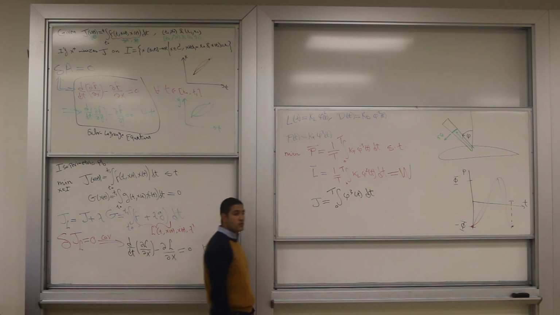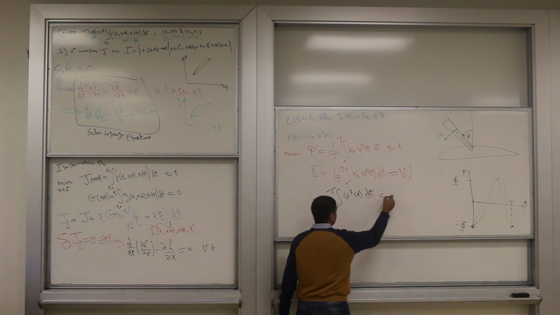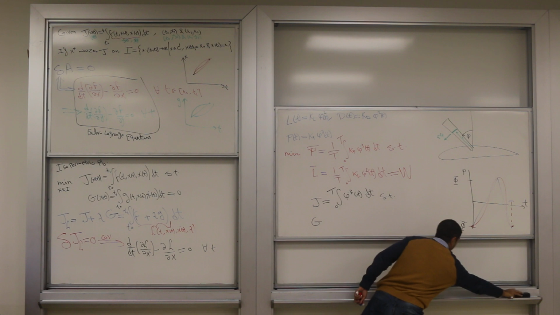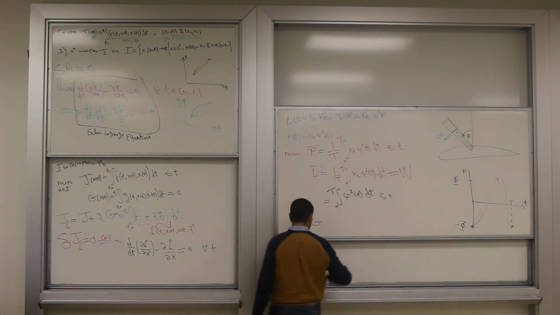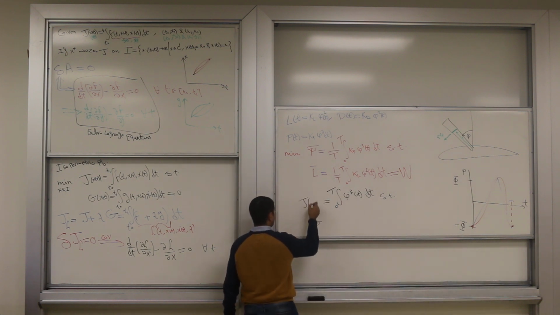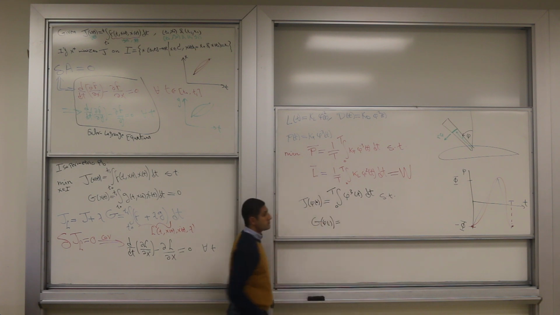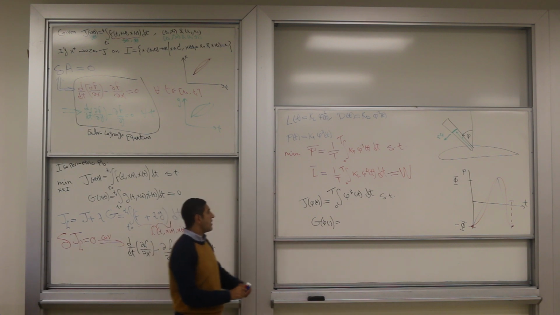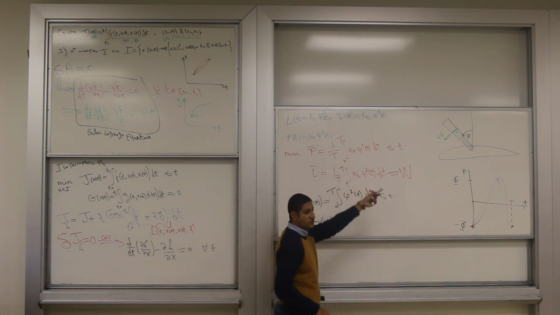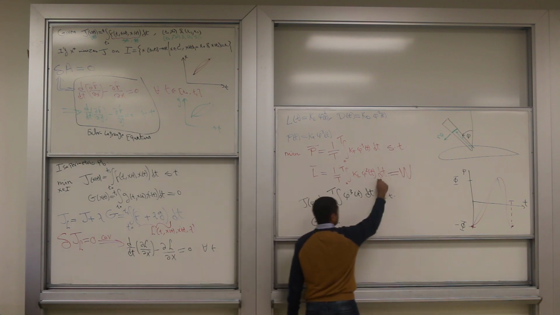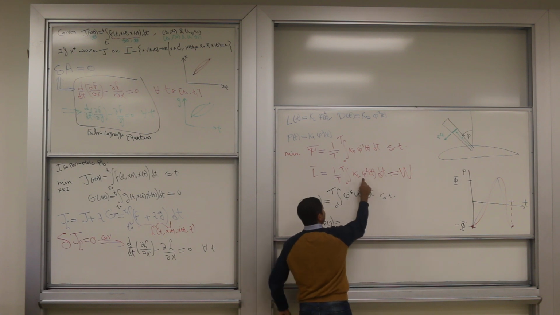Subject to what? What's your G? My G is this constraint, but I'd like to write it as a zero equation. So I have to get my weight from the left-hand side and get it inside the integral.